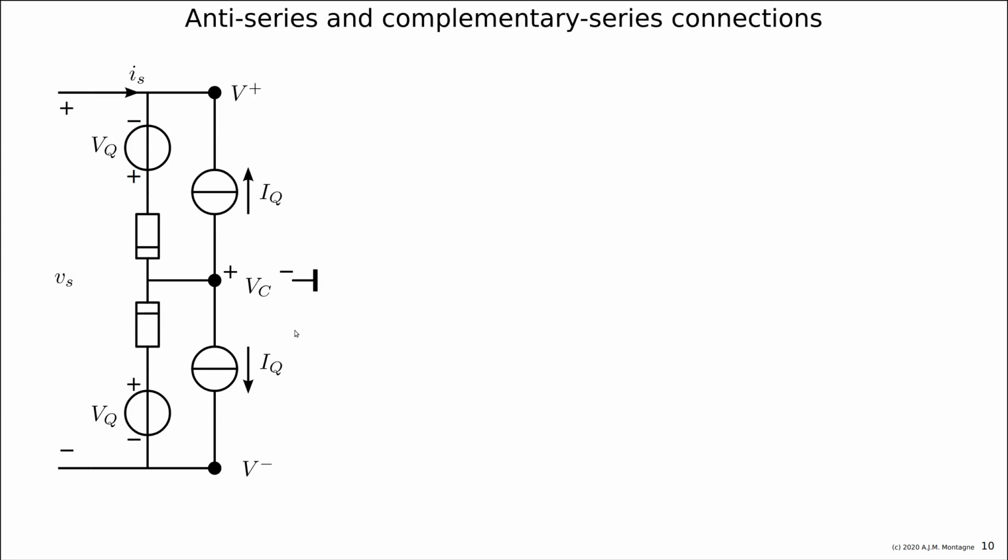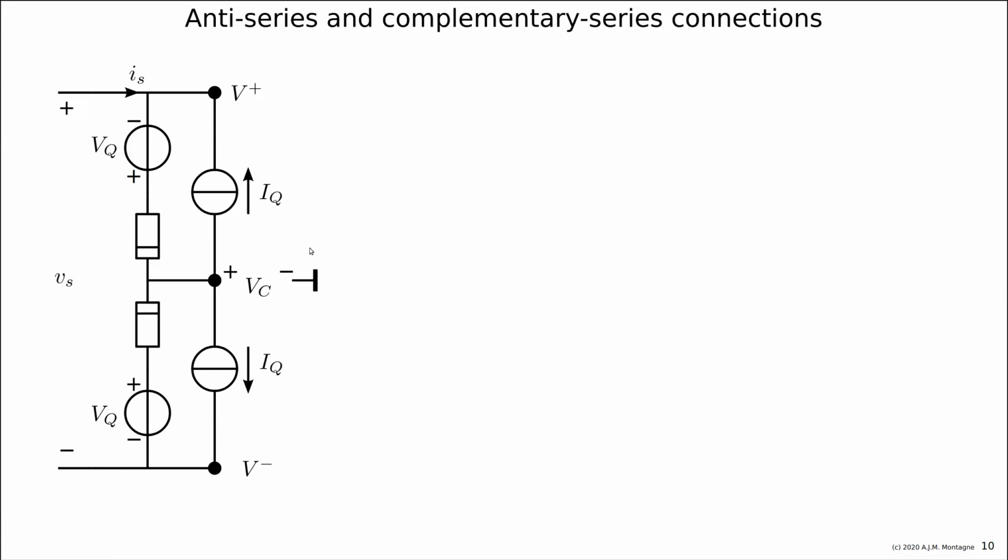I want to add another voltage, which I call the common mode voltage, which is VC in the picture. It is like, consider that we have a V plus at one terminal and V minus at the other terminal and some kind of V common mode, which is of course minus VQ and plus VQ, sorry, at the VC node.